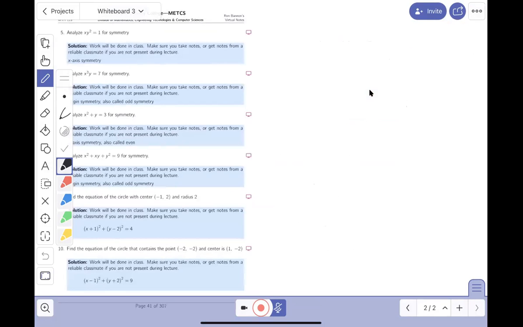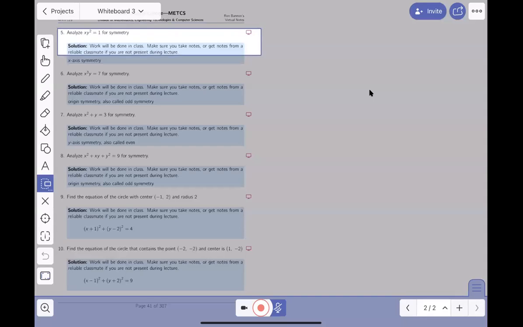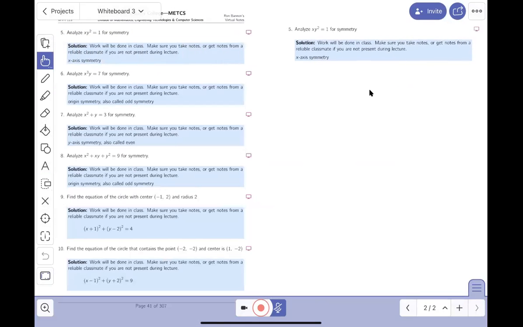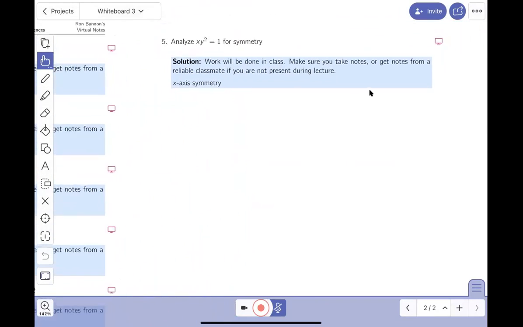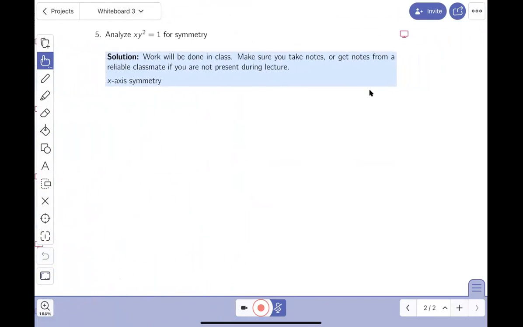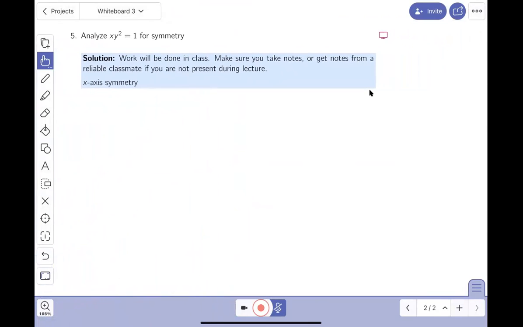And number 5. What's number 5? Analyze for symmetry. I think I can do it. So the first thing is analyze for symmetry. Let's just go through it and talk about one symmetry at a time. I'll write them down for you.